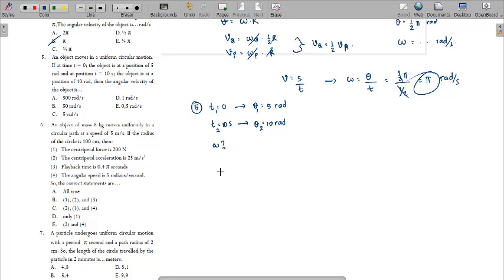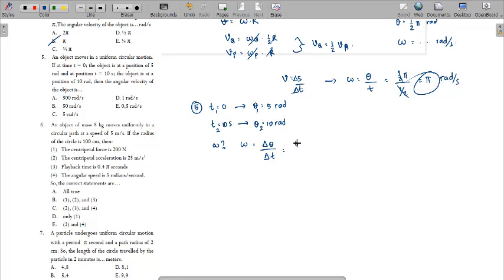Again, if you're not familiar with omega, you can connect it with linear speed. You know, linear speed is s over t. Sometimes you will find the difference of distance, delta s divided by delta t. So this is actually also the same with omega: delta theta divided by delta time.